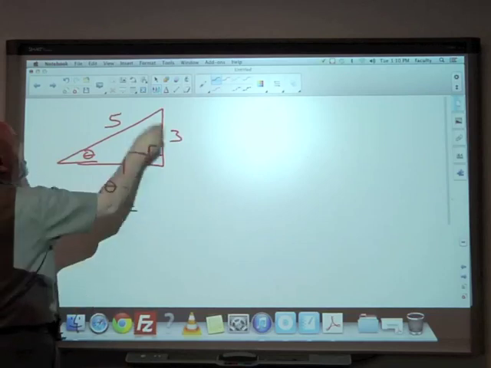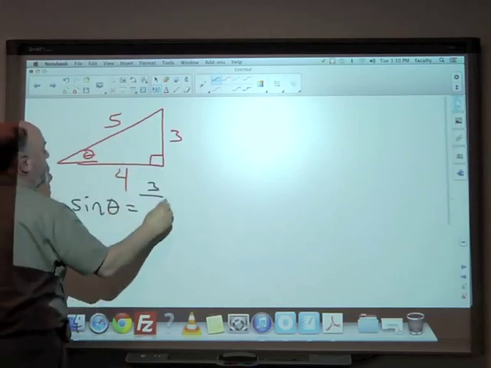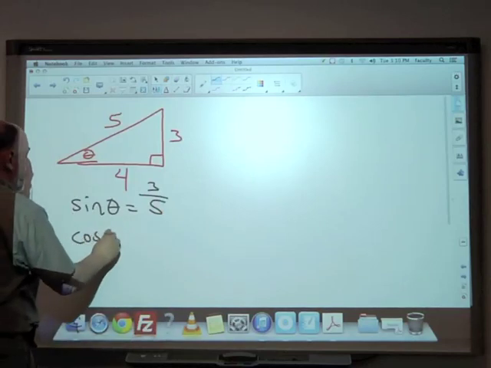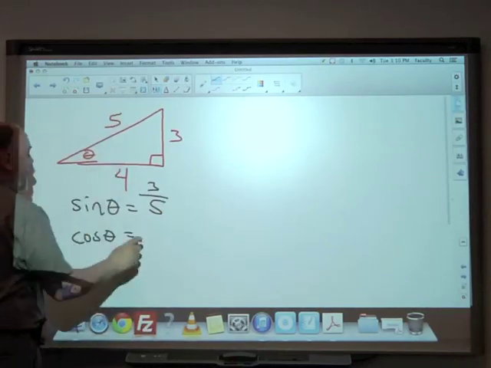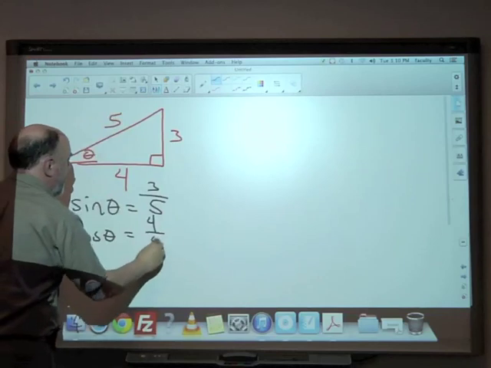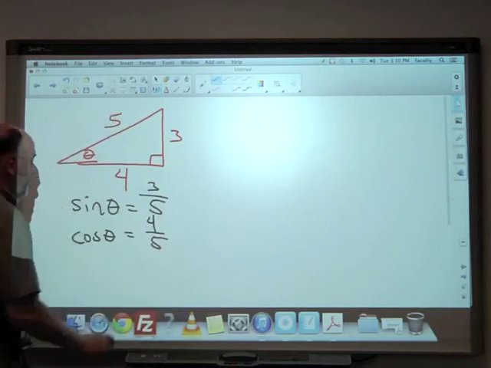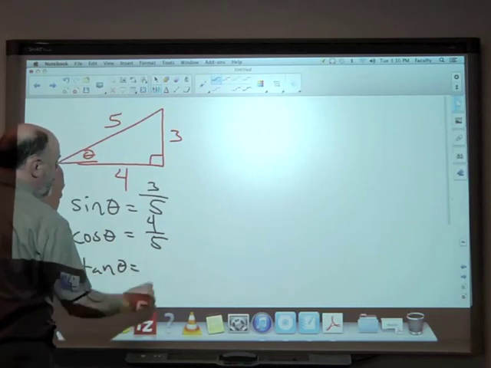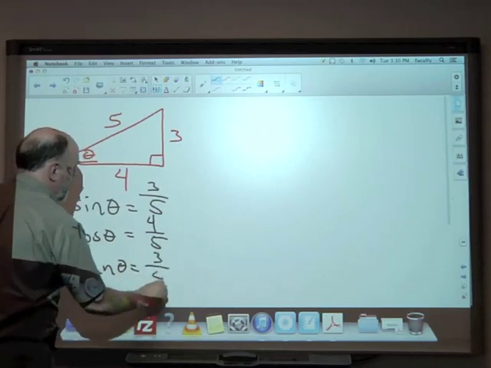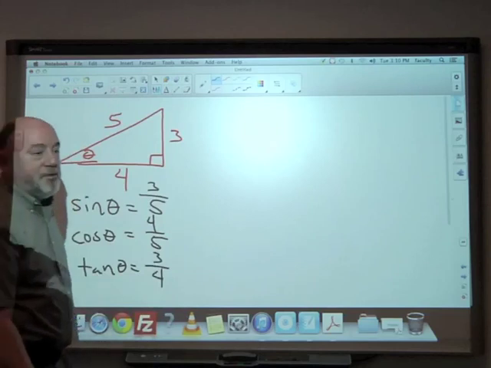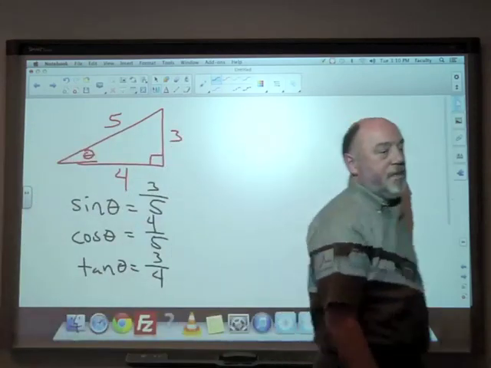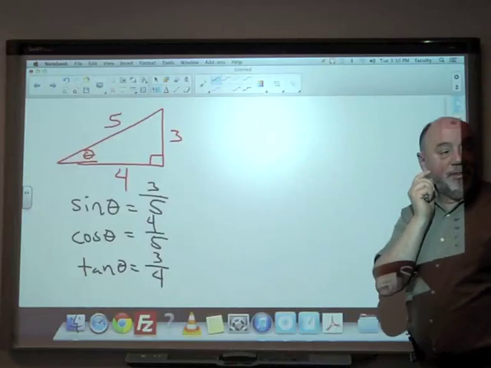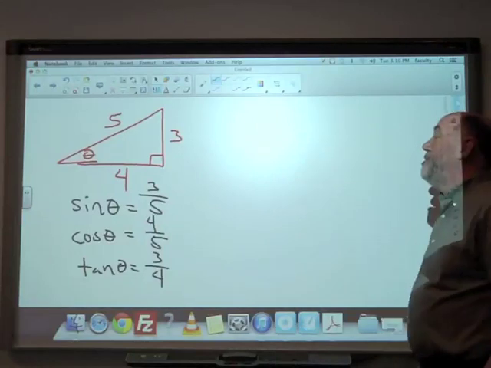is going to be opposite over hypotenuse, 3/5. Cosine theta, adjacent over hypotenuse, 4/5. Tangent, opposite over adjacent, 3/4. The other three are just reciprocals of the first three.